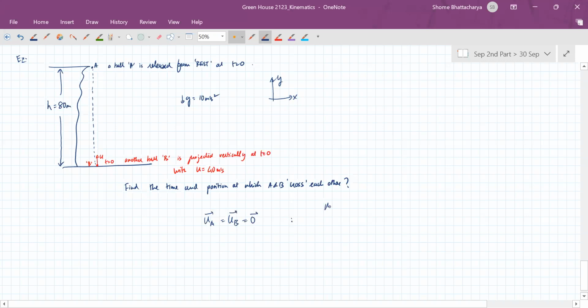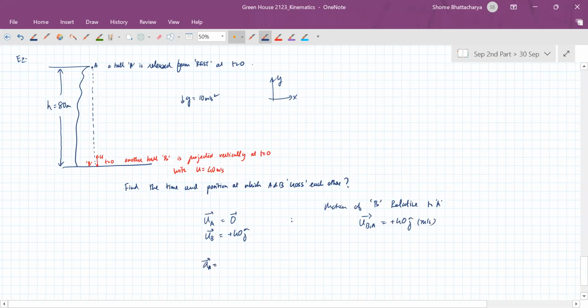So if you look at the motion of B relative to A, sorry, the initial velocity of B is not 0. Initial velocity of B is plus 40 j cap. So the initial velocity of B with respect to A is plus 40 j cap in meters per second.